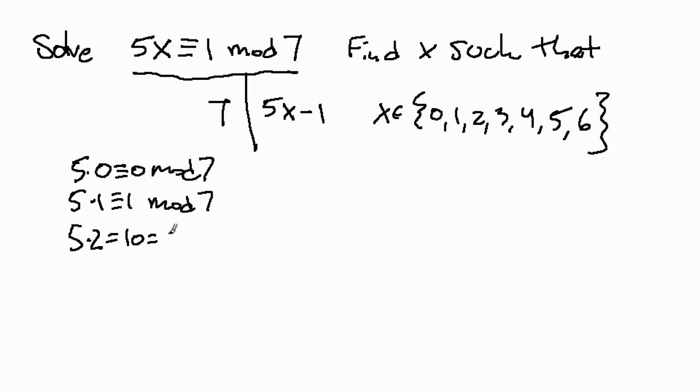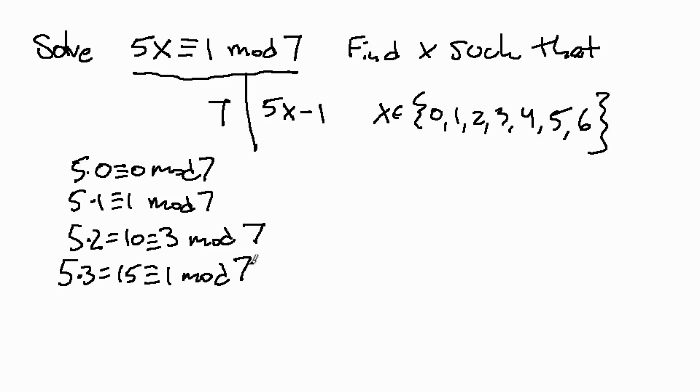And 10 mod 7 is equal to 3 mod 7. 5 times 3 is equal to 15, and when we divide that by 7, 1 mod 7. So we found the answer right here. The answer is 3, but I want to develop a theory here where we could solve problems like this when the numbers are much bigger.